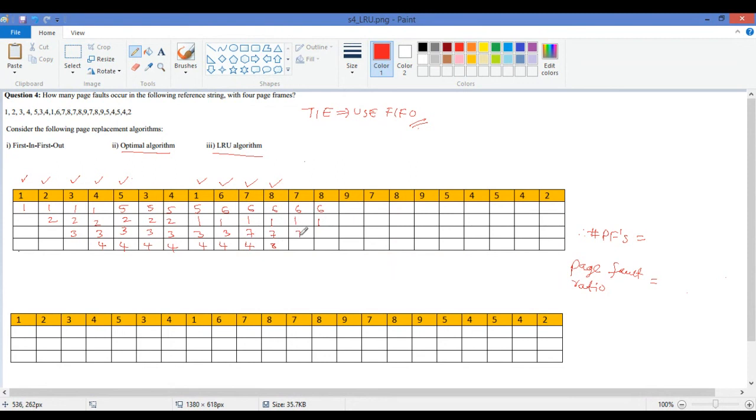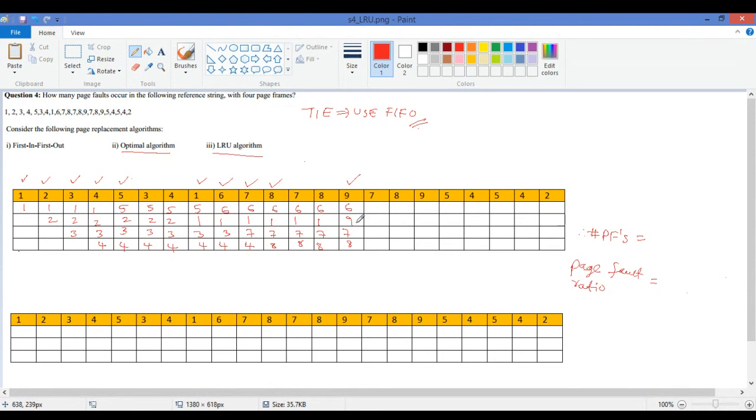So 1, 1, you got 7, you got 8 here. Okay. Now 9 is not here, so there is a page fault. But don't remove 8, 7, 6. I'm not removing them. It means I have to remove 1 and replace it with 9.